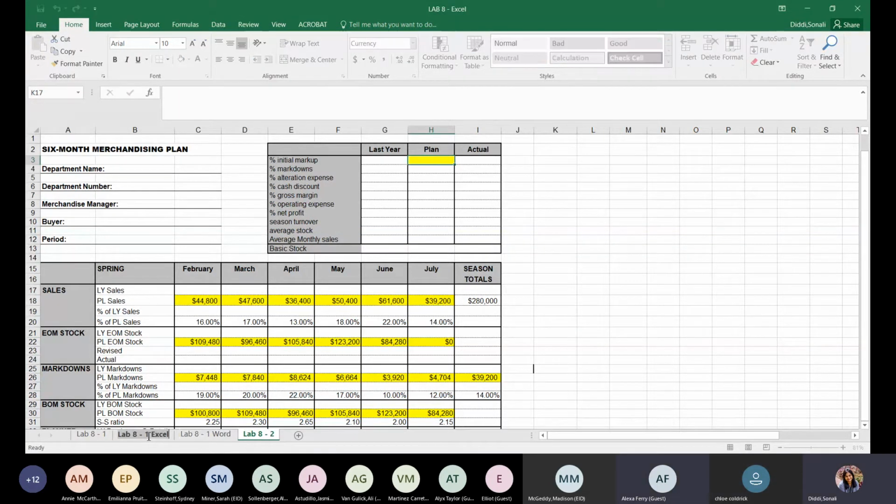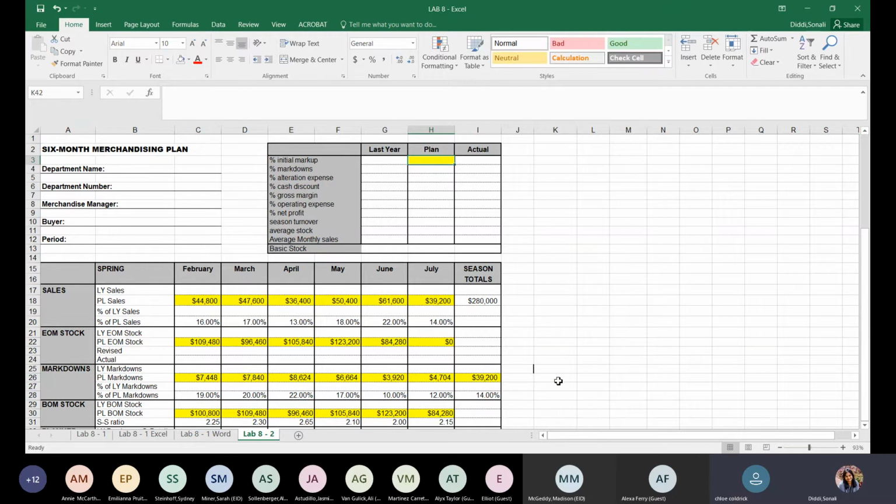Chloe, you multiply the percent of planned markdowns, the 14%, times 280,000. So you're going to do planned season totals times the markdown percent to get 39,200. Okay, got it. Thank you.